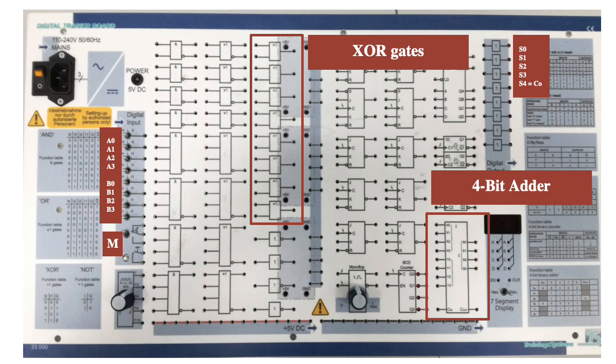So I'm just labeling the switches, each switch that I'm going to use, and I highlighted in the middle the XOR gates, and the 4-bit adder on the training board looks like such, and this is where it's located. It's on the corner of the board. And finally, we'll have 4 bits for the sum output and 1 additional bit for C out, where also we can label it simply S4.